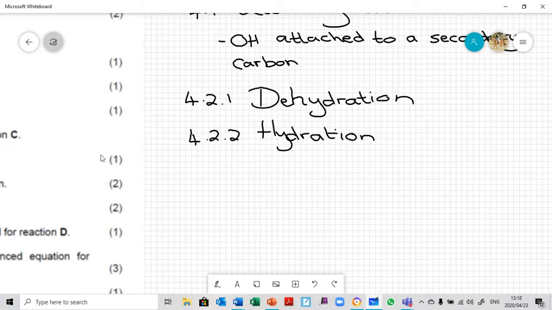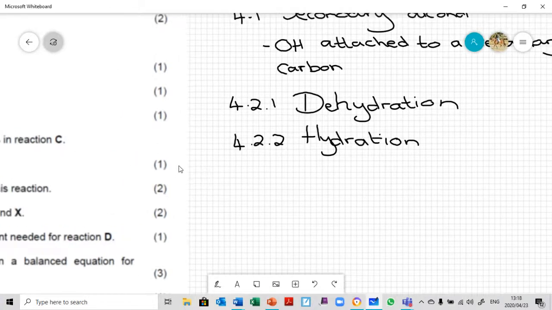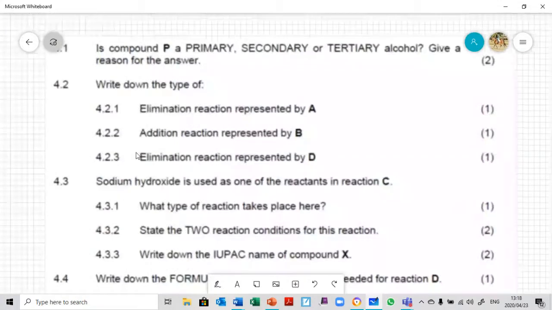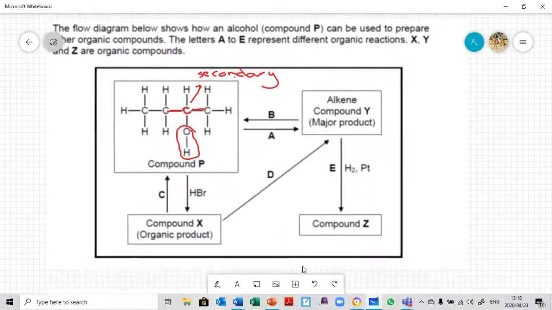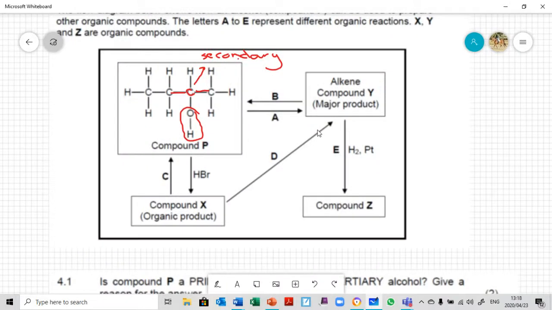Okay. Now we have to go to the elimination reaction represented by D. D is an elimination. We know this. They told us this. But now we've got this problem here. Hey, ma'am, I don't know what X is. Okay, fair enough.